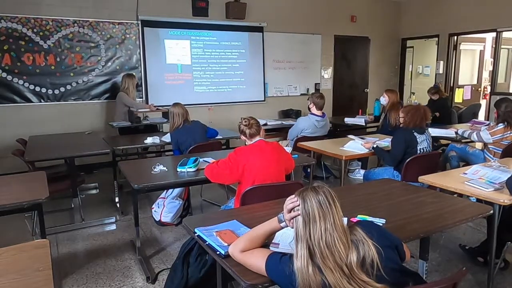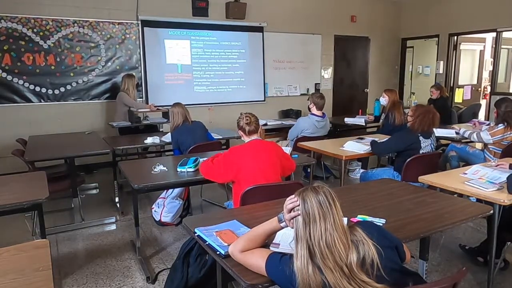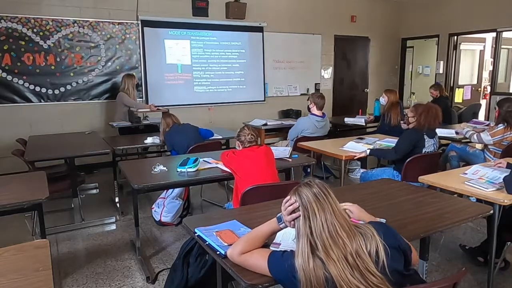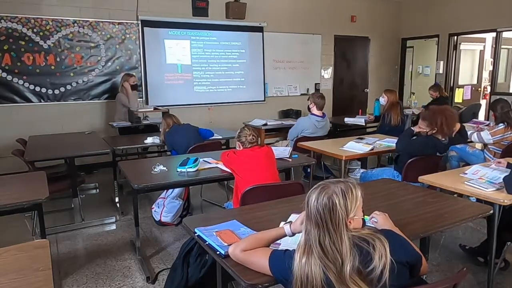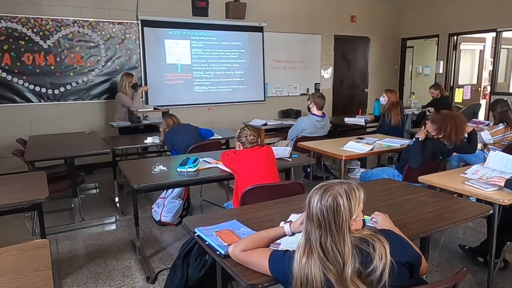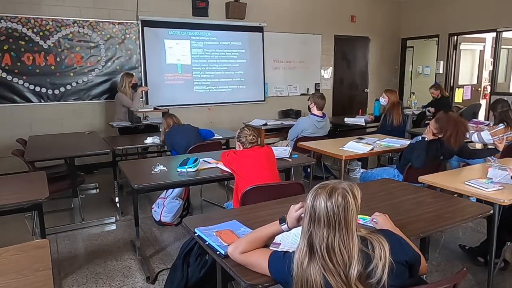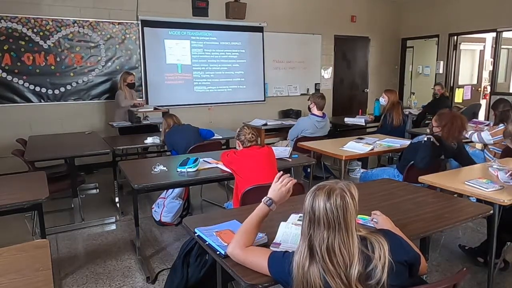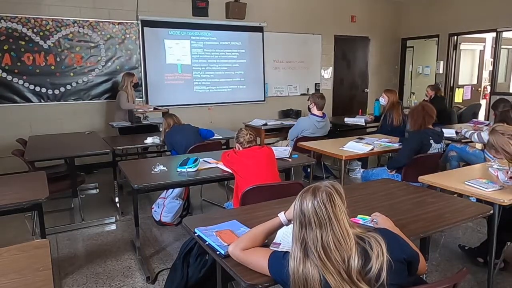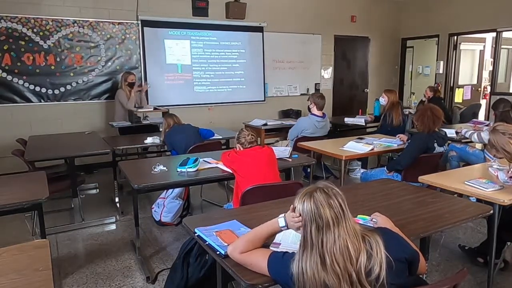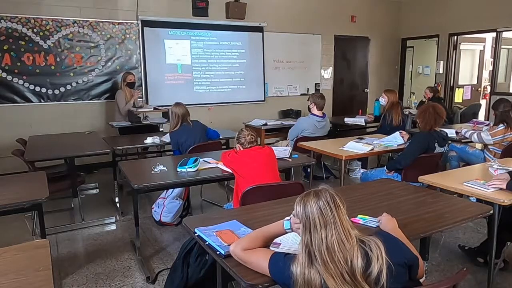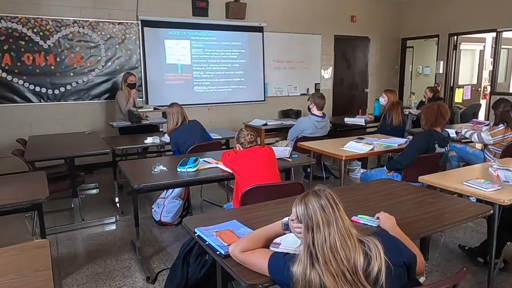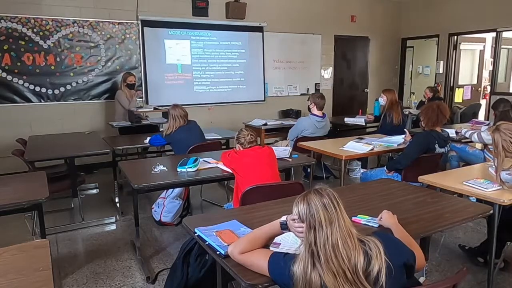Mode of transmission. How can the pathogen travel? There are three major modes of transmission: contact, droplet, and airborne, which we'll talk about more on Friday. Contact is touching the bodily fluid. Droplet is sneezing, coughing, talking, and your spit, saliva particles flying out of your mouth and touching.